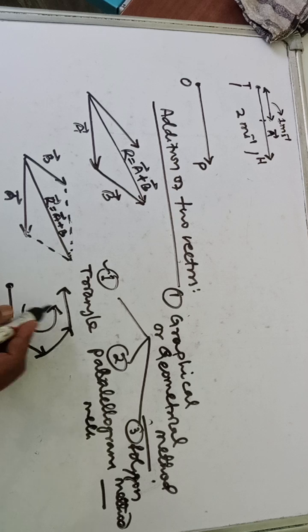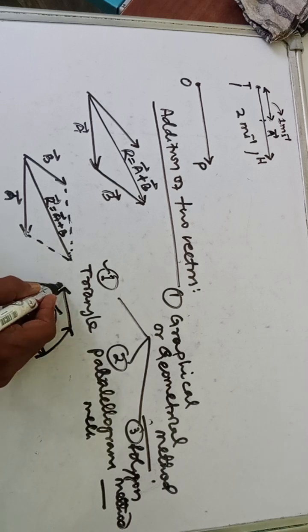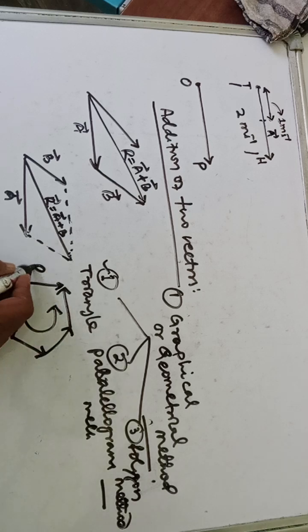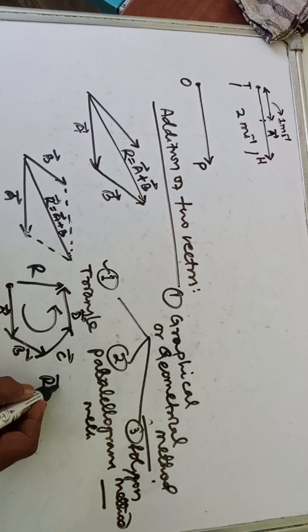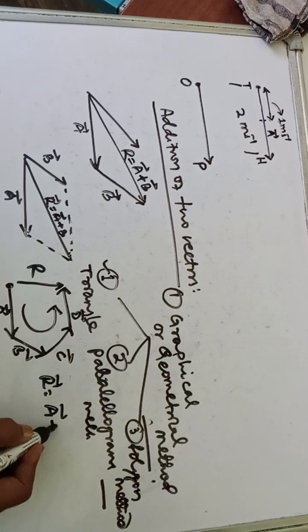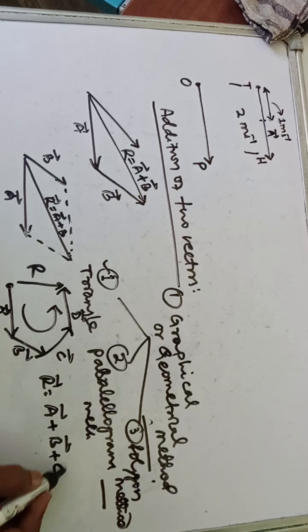Then the head of the last vector and the tail of the first vector joined in opposite order represents the resultant of the vector additions. Where this is B, this is C, and this is D, R represents the addition of all these vectors A, B, C, and D.